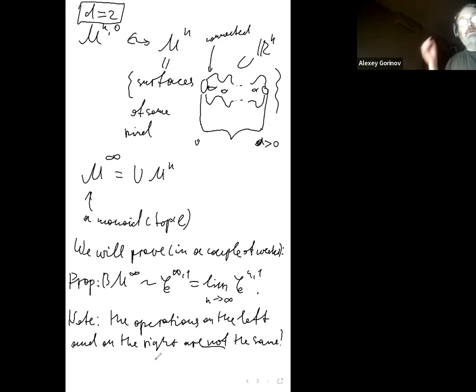Okay, now we still want to be able to say something about monoids such that π_0 is not a group.